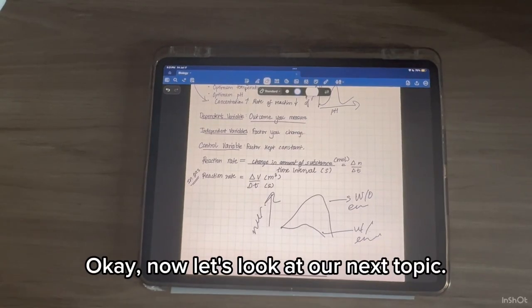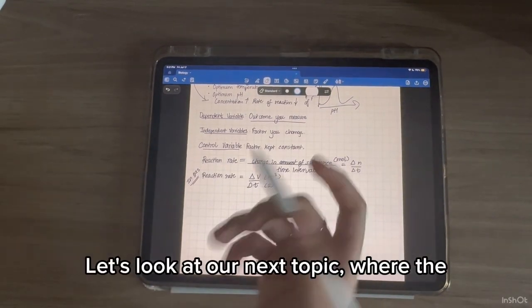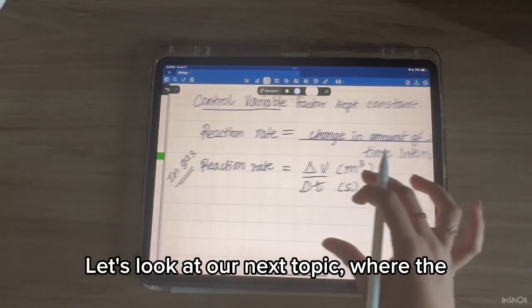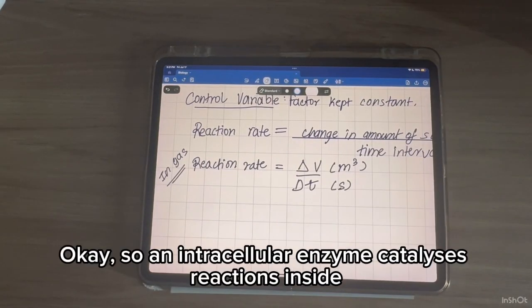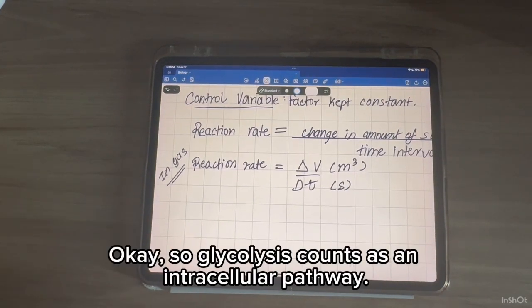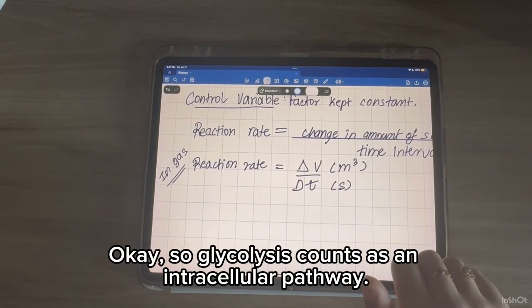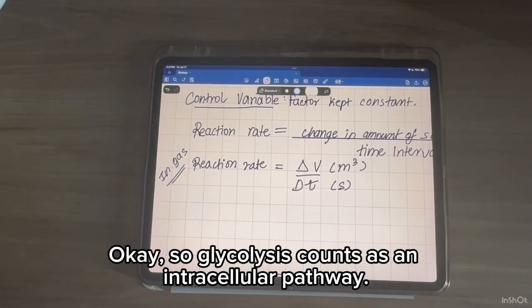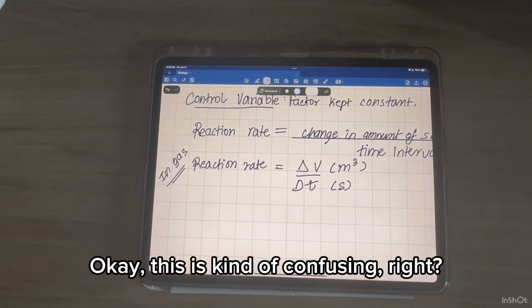Now let's look at our next topic. Where the enzyme works matters. An intracellular enzyme catalyzes reactions inside a cell. So glycolysis counts as an intracellular pathway. This is kind of confusing, right?